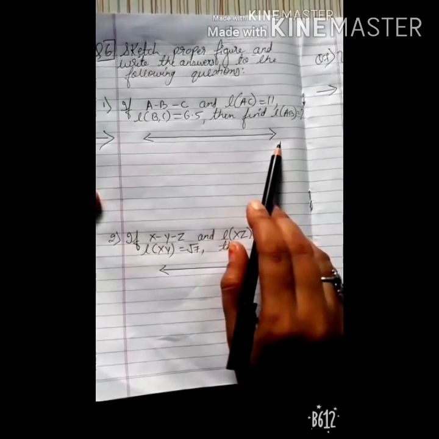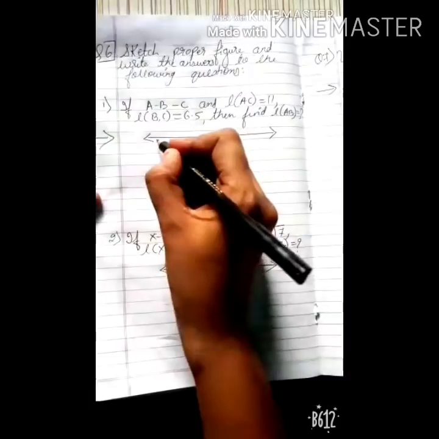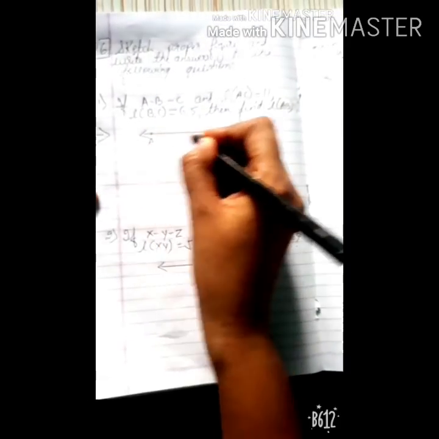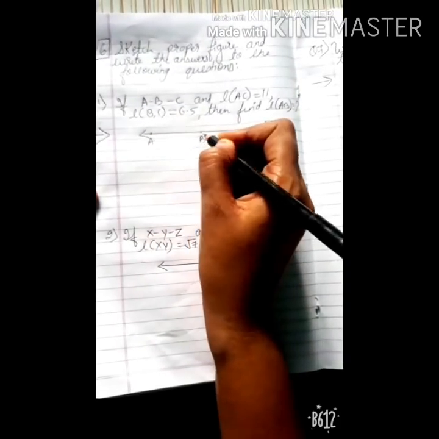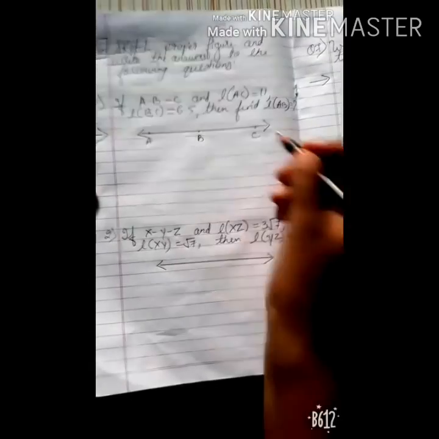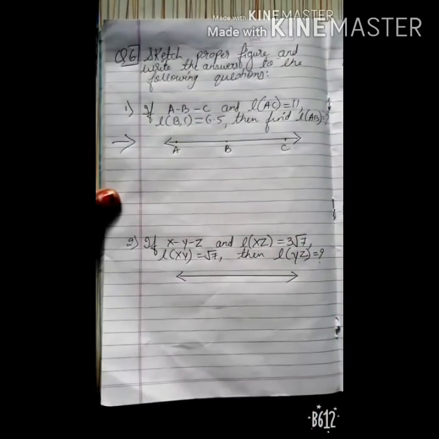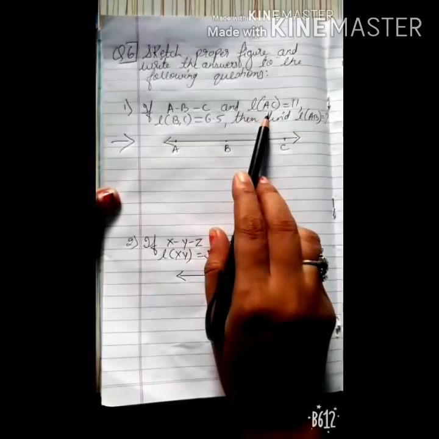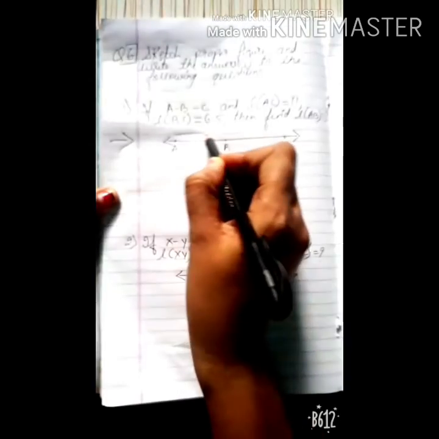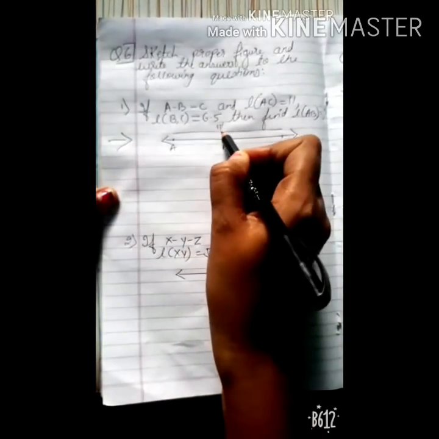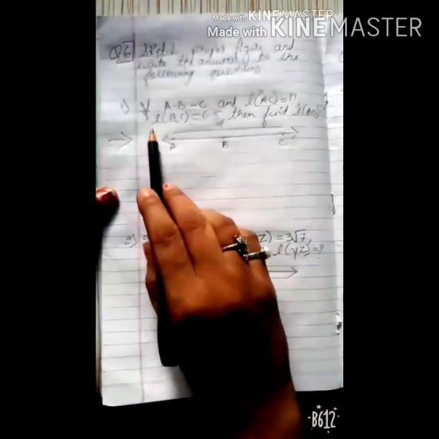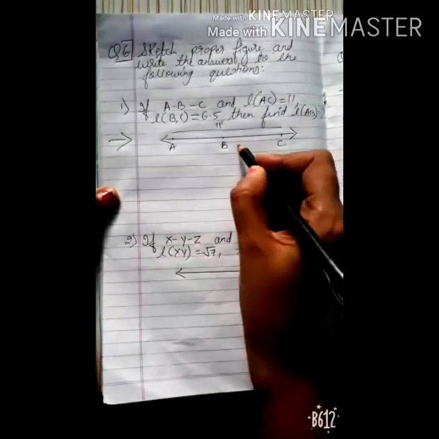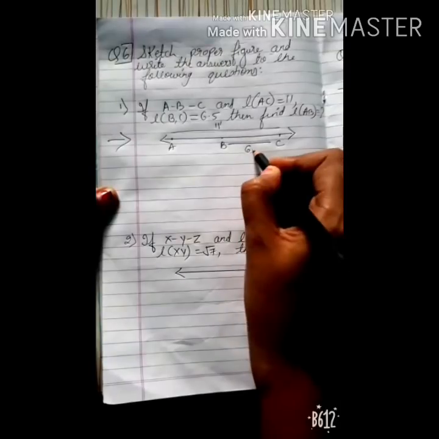Student, I have drawn the line over here. Name this line A, B and C. Now we will put the values. Length of AC is given 11. Length of BC is given 6.5.